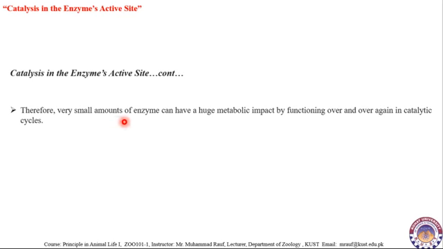Therefore, a very small amount of enzyme can have a huge metabolic impact by functioning over and over again in catalytic cycles. So even if enzymes are present in low concentration, they are still able to catalyze the reaction efficiently because they are not used or consumed in a reaction, and they can be utilized again and again.